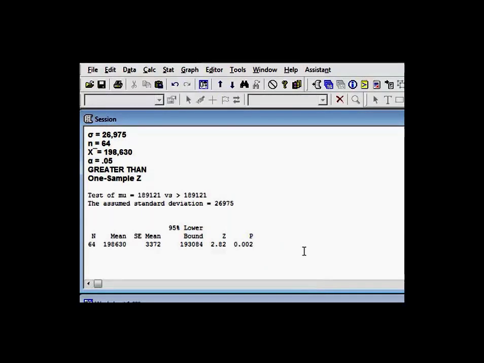There everything is. So I'm using a critical value approach, and so I'm really after one piece of information here, and that is this z-score. This z-score is my test statistic, right?